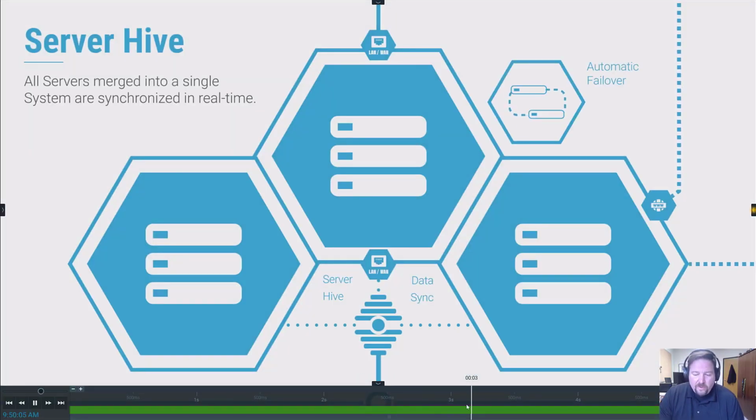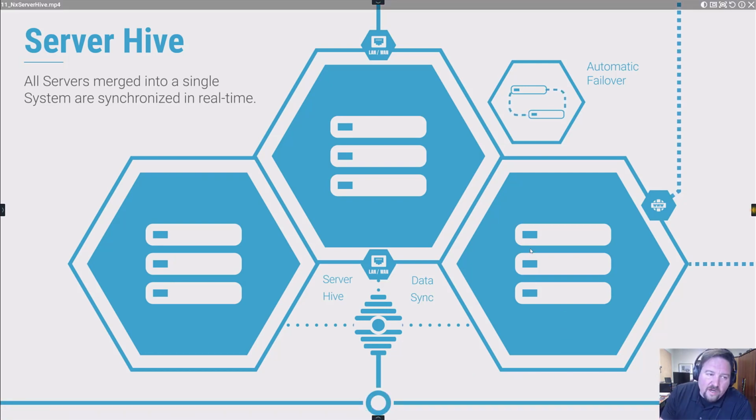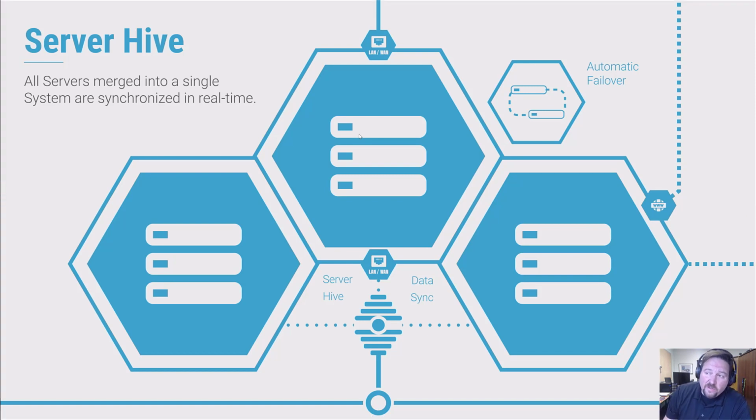One of the most important parts of our architecture is this Server Hive architecture. In the Server Hive architecture, all the servers on a local area network, or if they can see each other over a wide area network or VPN, will synchronize in real time.